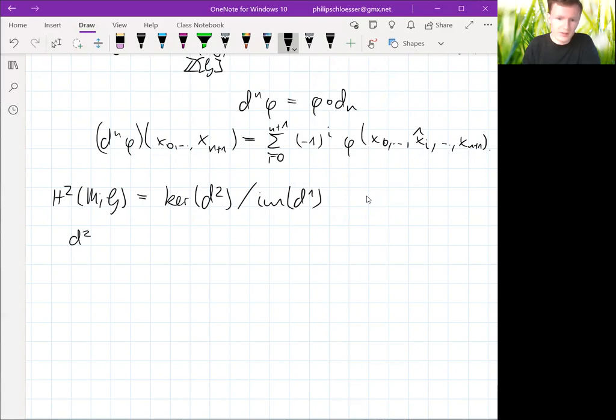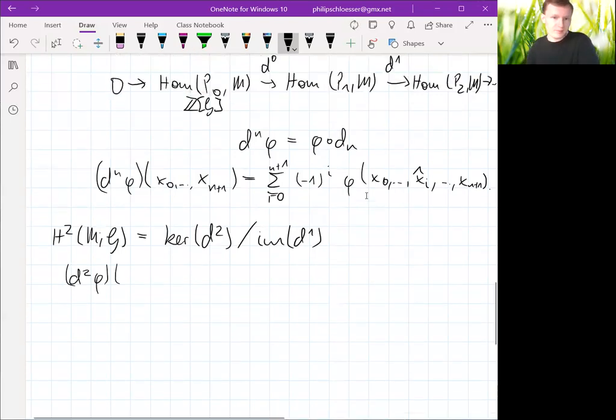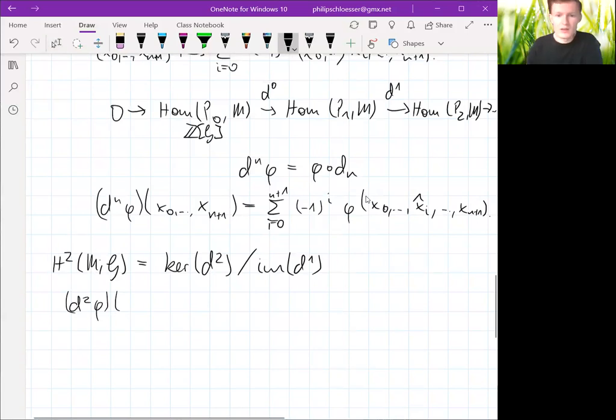First, I guess we write down what D2 phi looks like. Well, phi is a homomorphism from P2 to M. So if we look at a basis representation, it basically takes 3 elements of the group. So D2 phi should take 4 elements of the group. So x0, x1, x2, x3.